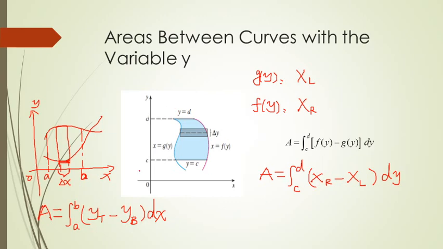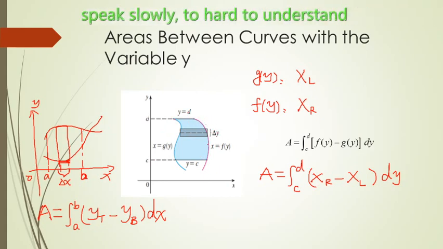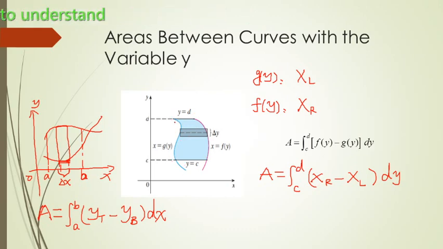Then this one we are using the independent variable y. We use the right function curve minus the left function curve, using the independent variable y. So, am I speaking so fast? The difference of those two is just the independent variable we choose.